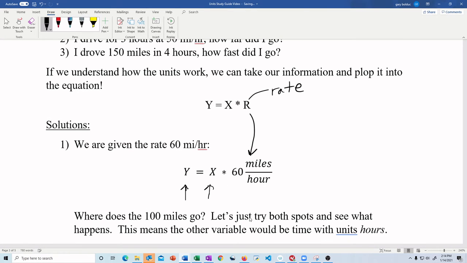So, you could just always try both and see what happens, and that's fine, right? But we can also use the units to think about it, because we need the units to work out here. So we're just going to actually try both and see what happens. But hopefully you can see after we finish this example how you don't need to just try them both. You can start thinking about what will happen.